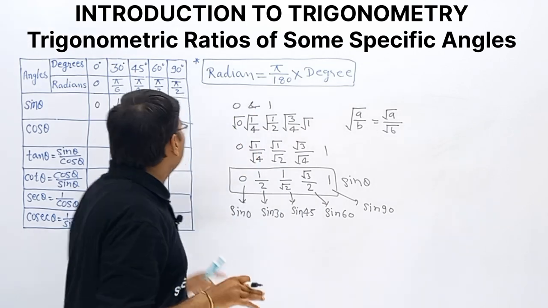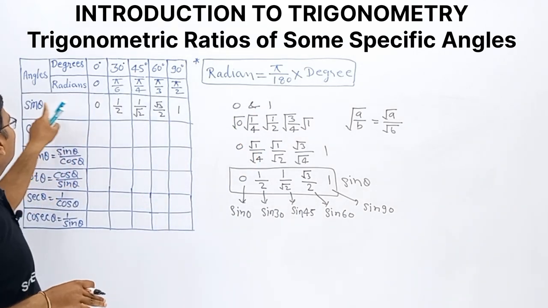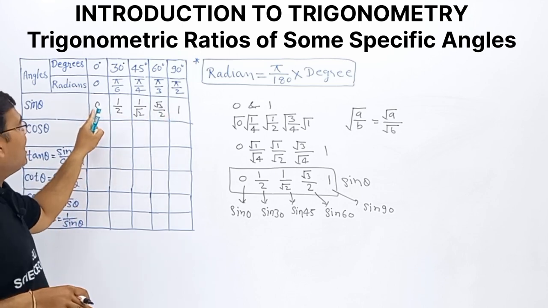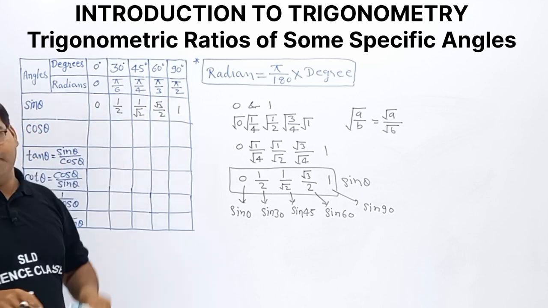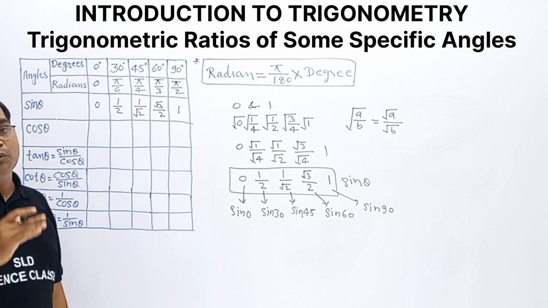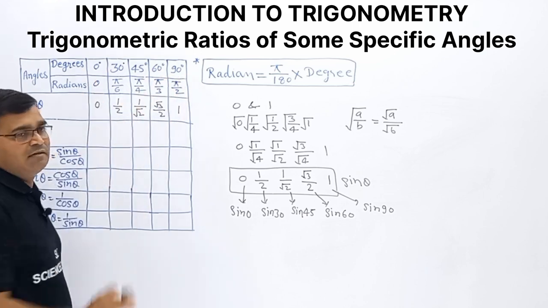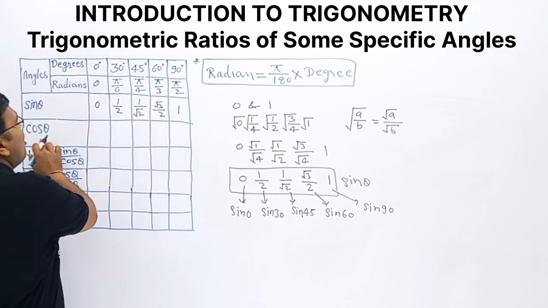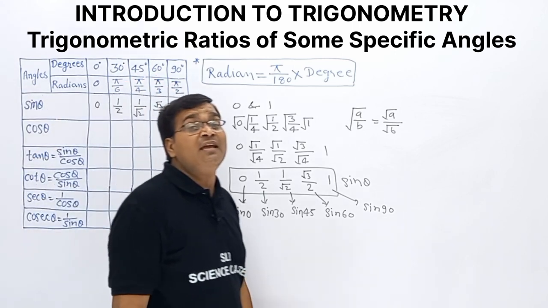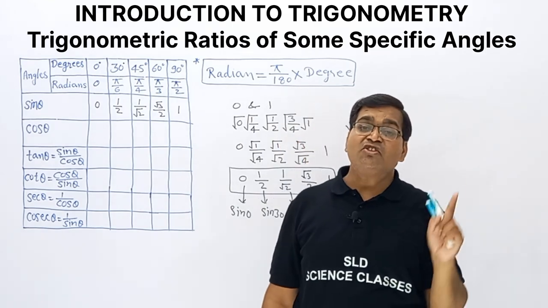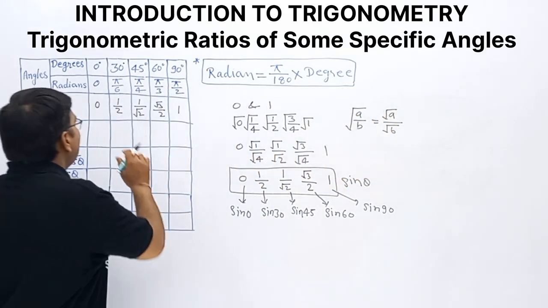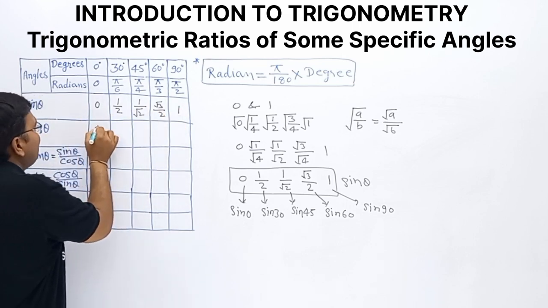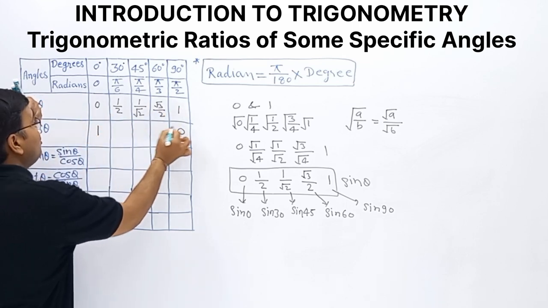In sine theta, the values are increasing from 0 to 1. But for cos theta, once we increase the angle, the value of cos theta decreases, decreasing from 1 to 0.